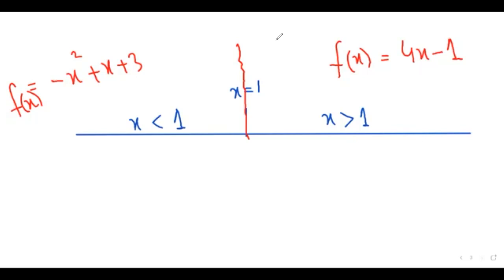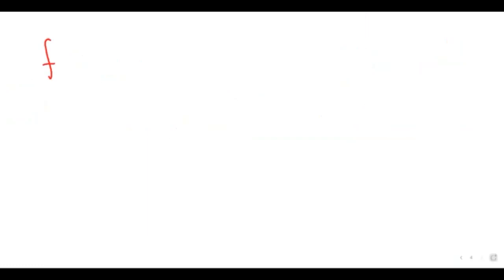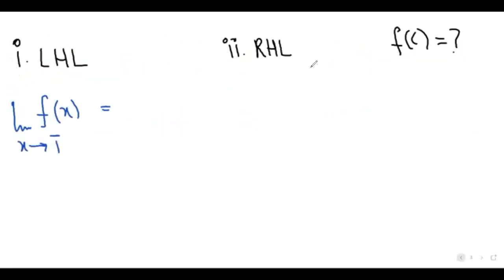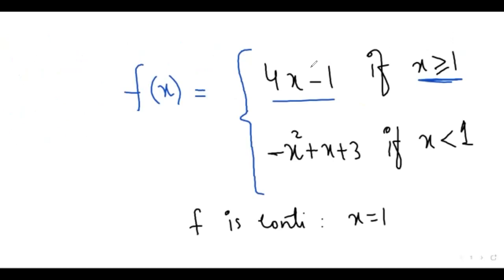So for continuity, the first thing is to check f of a is defined or not. So this is the first condition to check continuity. So here you can see we have x equal to 1.